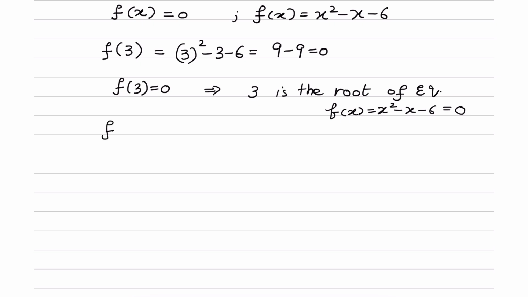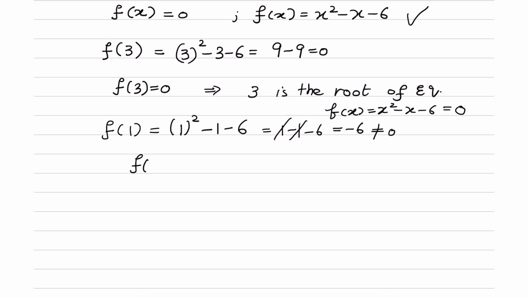But if we have f of 1, which will be 1 square minus 1, because this is our equation x square minus x minus 6, minus 6, this is 1 minus 1 minus 6, which is equal to minus 6, which is not equal to 0.